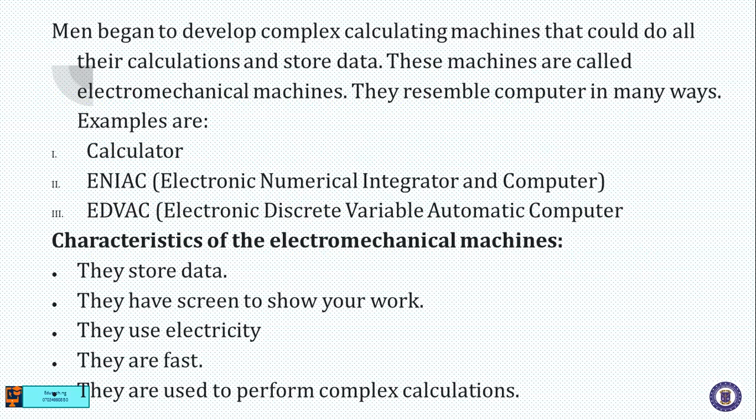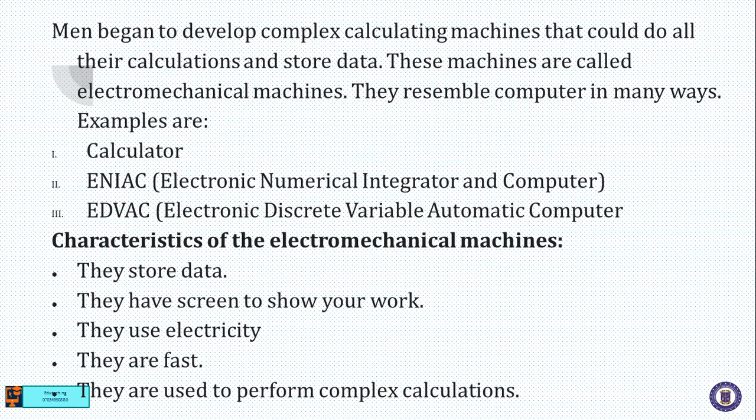And these machines were now able to store data. What is data? Data is a raw fact. So now when they have their data, they were able to store it, and this is the difference between these and the earlier devices.